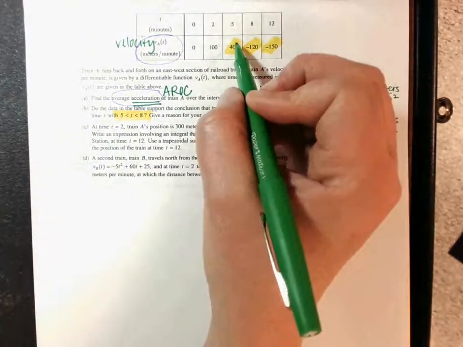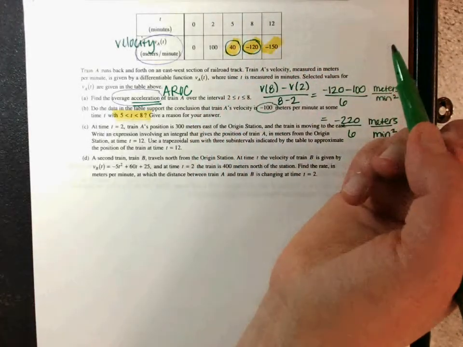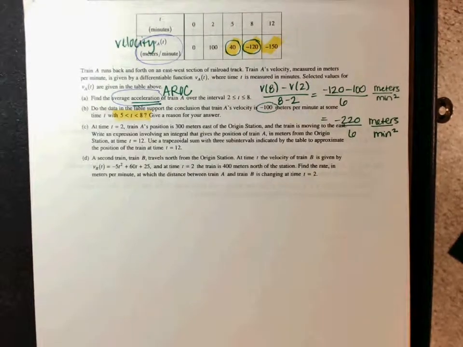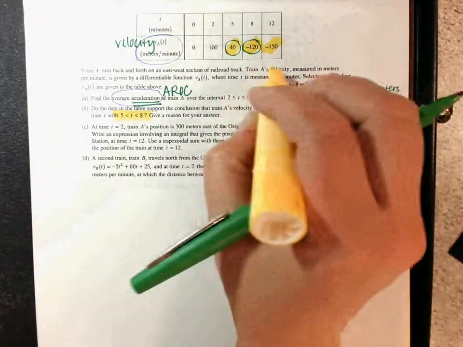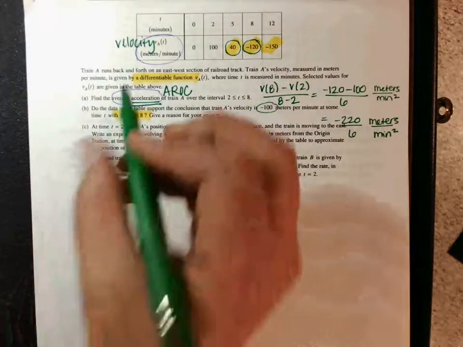Well, if the velocity goes from positive 40 to negative 120, remember that IVT guarantees it has to hit every intermediate value, or every value between those. Now, that only applies if it's a continuous function, but I want to draw your attention right here to the fact that it says train A's velocity is a differentiable function. Remember that if it's differentiable, it's also continuous.